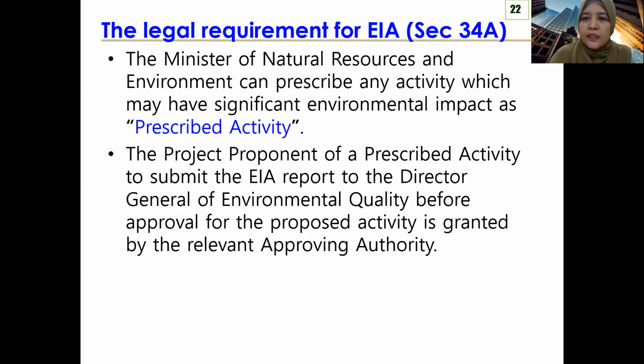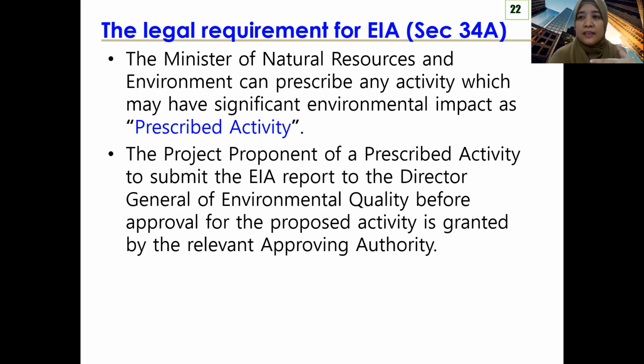So sebarang aktiviti yang mungkin memberikan kesan signifikan kepada alam sekitar boleh dijadualkan sebagai prescribed activity terjadual. The project proponent of a prescribed activity must submit the EIA report to the director.